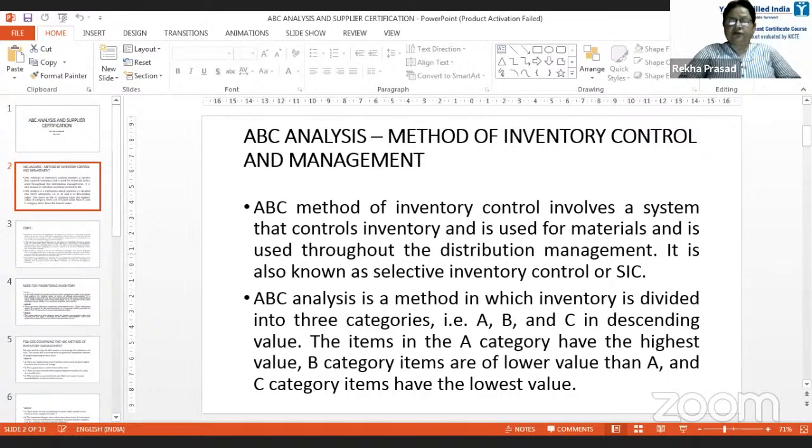So here you are categorizing the whole material into three groups, A, B, and C. A is small quantity-wise, but the value is highest. And C, on the other hand, the quantity is big, but the value is very low. And B is in between A and C.